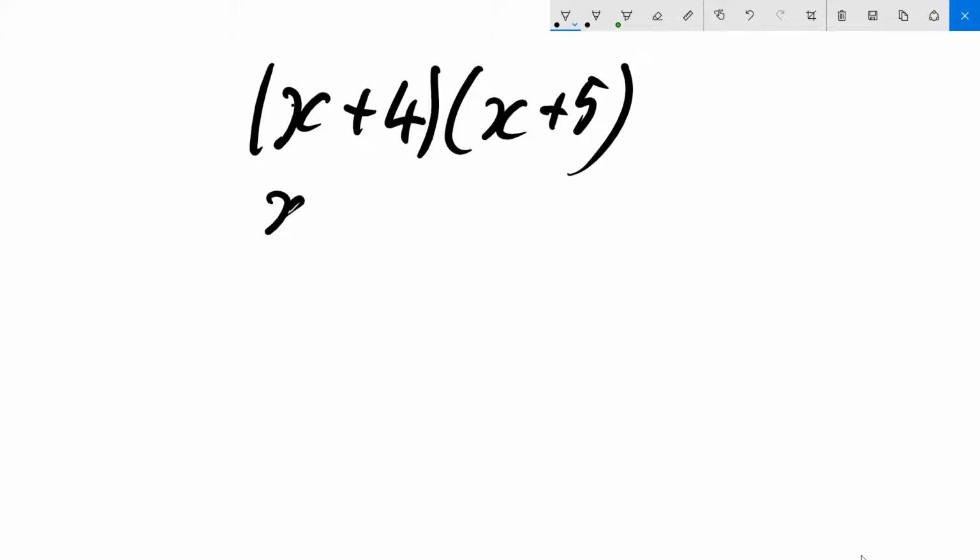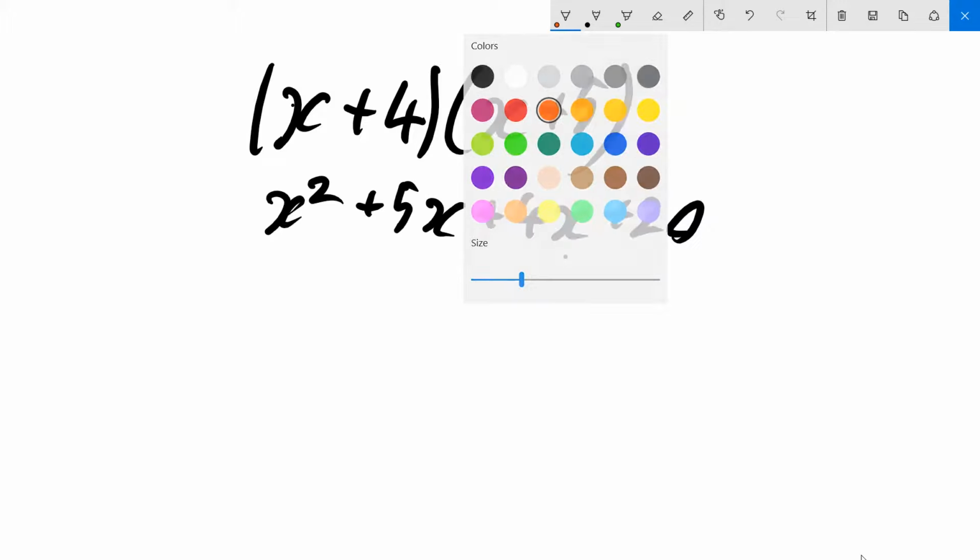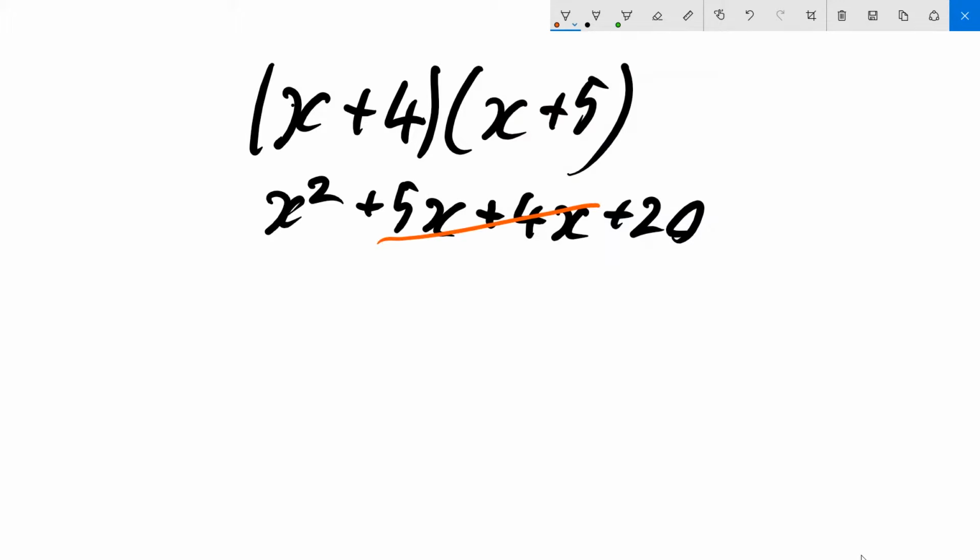Alright, x times x is x squared. x times 5 is 5x. 4 times x is 4x. 4 times 5 is 20. And then we collect like terms. And then we get 9x plus 20. So you can see that it is the original equation that we had earlier.